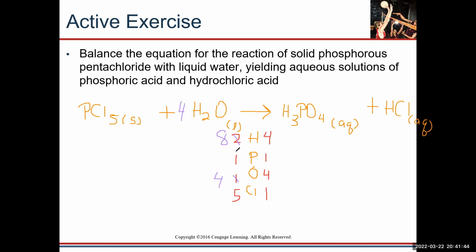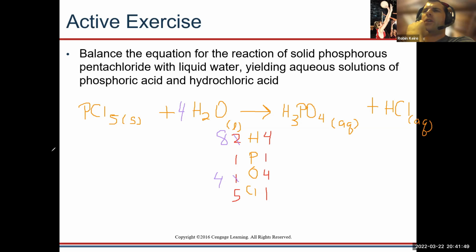Do you put 5 in front of the hydrochloric acid as a coefficient? So if I put a 5 here, that will be 5 hydrogens plus 3 hydrogens. So that would be 8 hydrogens.